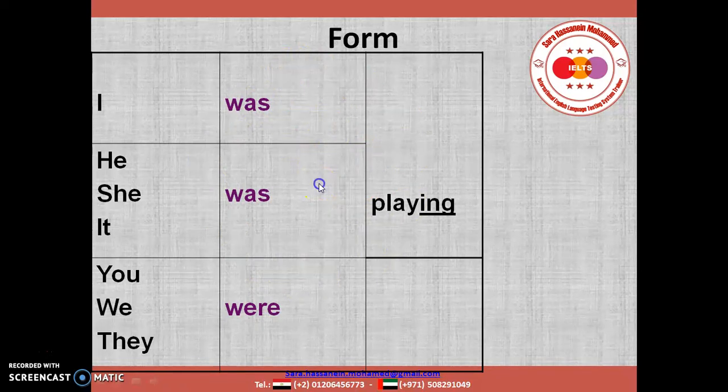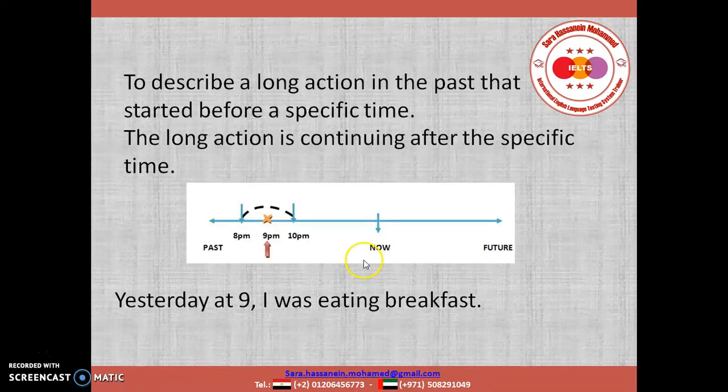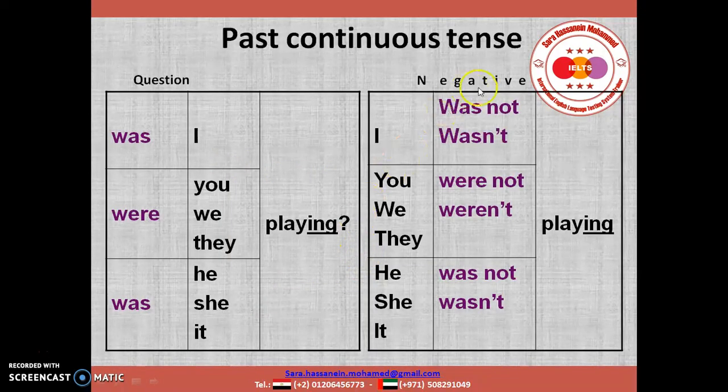Then let's move to the negative form. It will be I was not playing. You were not playing. We were not playing. They were not playing. He was not playing. She was not playing.